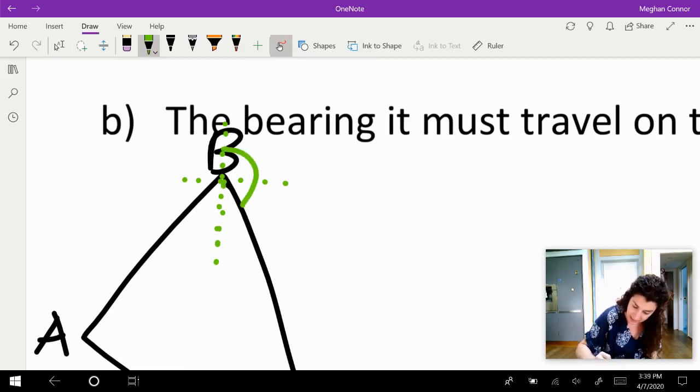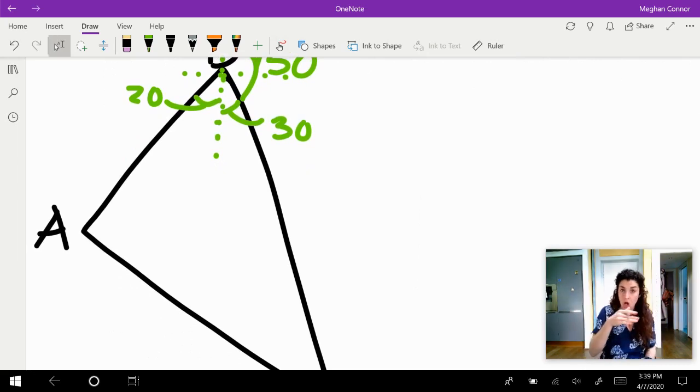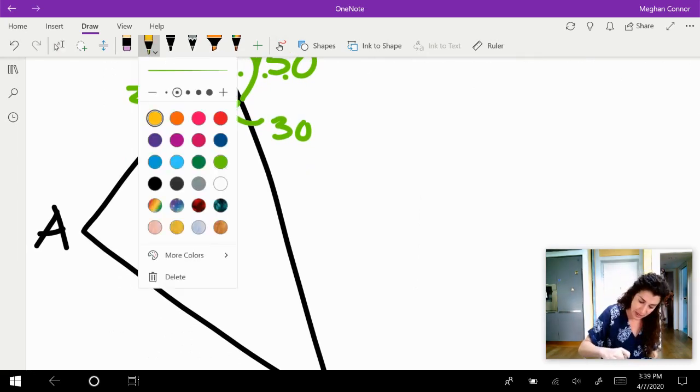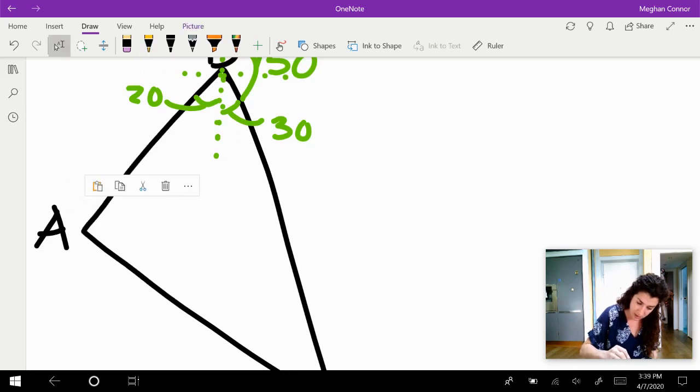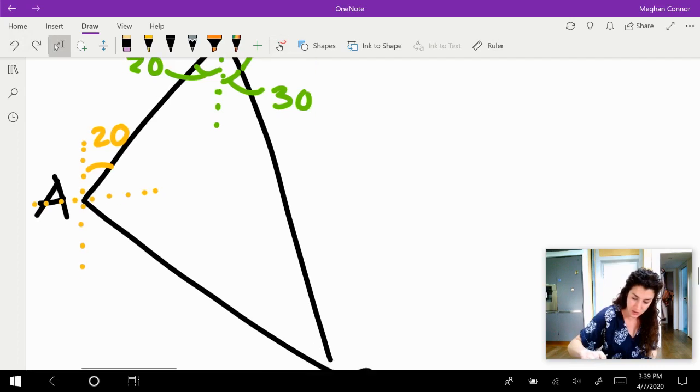So remember that this was 150, this was 30, and then this was 20. I'm just trying to remember what all of those different angles are. We can now do that for angle A as well. For angle A, we know that this is 20. We can solve for this angle right here, but I don't know if that's going to be helpful yet, so I'm not going to do that right now.